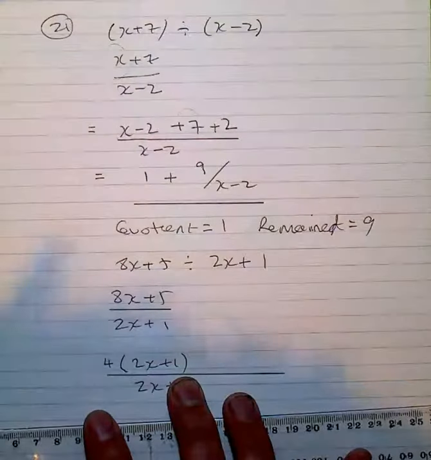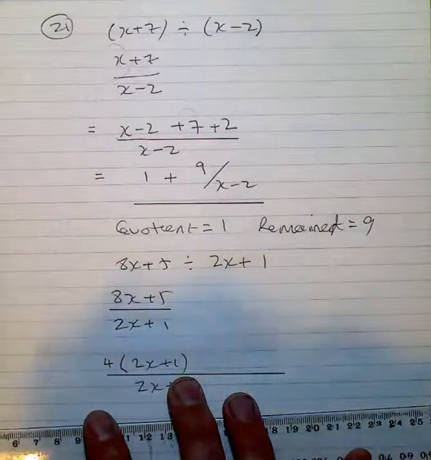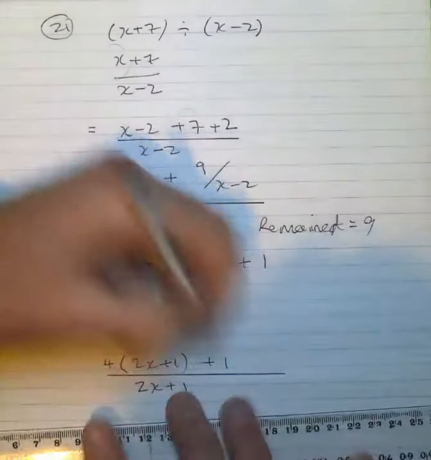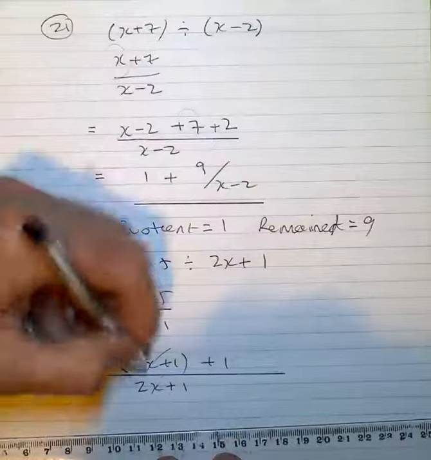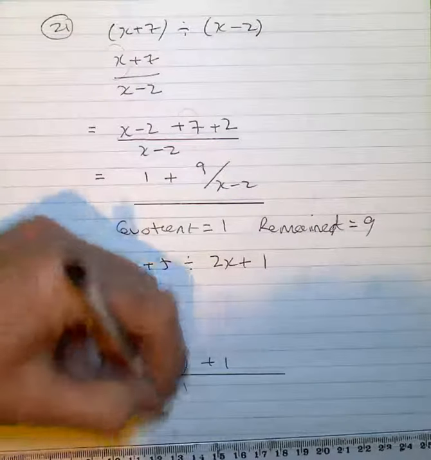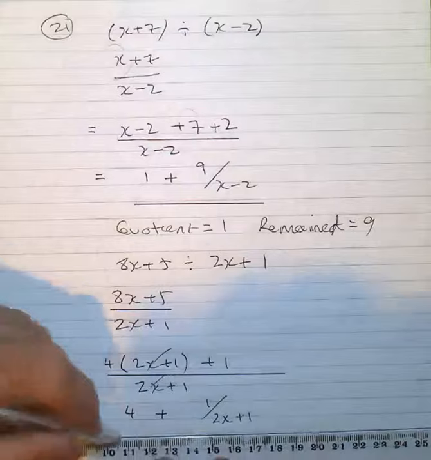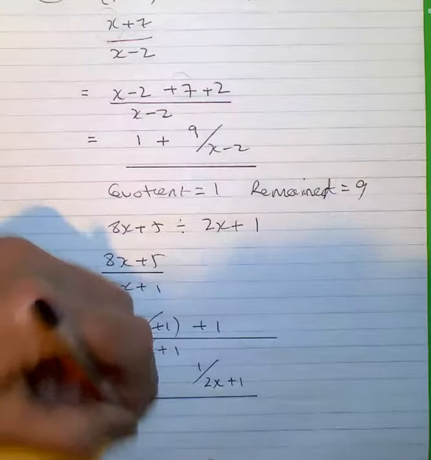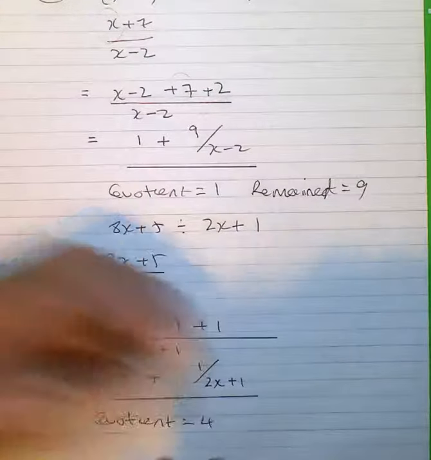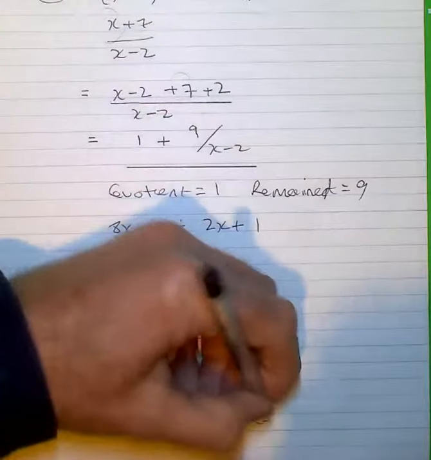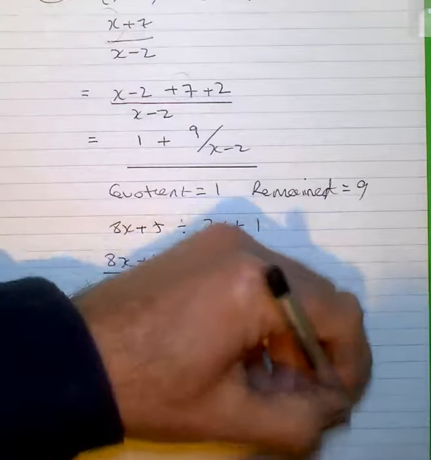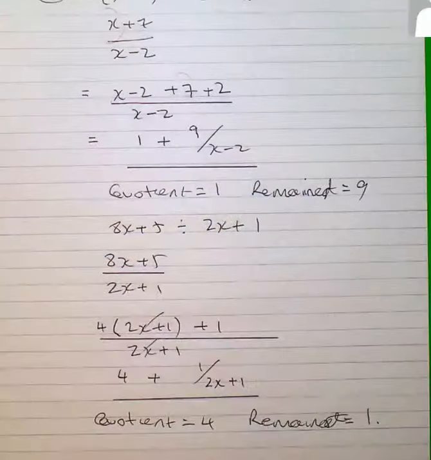So in other words, I needed another 1 to make the 5. So cancel, cancel. That gives me 4 plus 1 divided by 2x plus 1 as my remainder. The quotient is equal to 4 and the remainder is equal to 1.